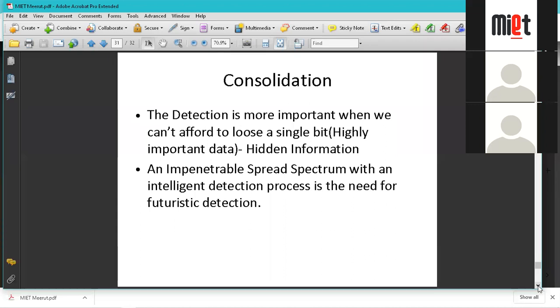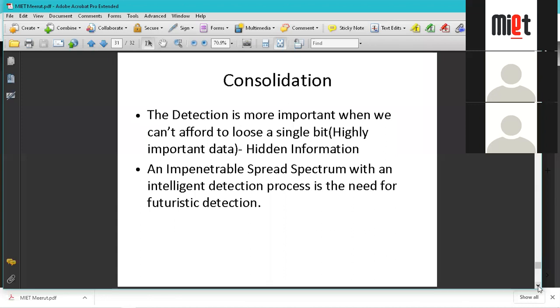The next point is the impenetrable spread spectrum. We have studied spread spectrum in isolation of much of communication. But spread spectrum, if you see, is generally used by the defense for communication purposes, but it can be used in a much better manner if we go for statistical communication.